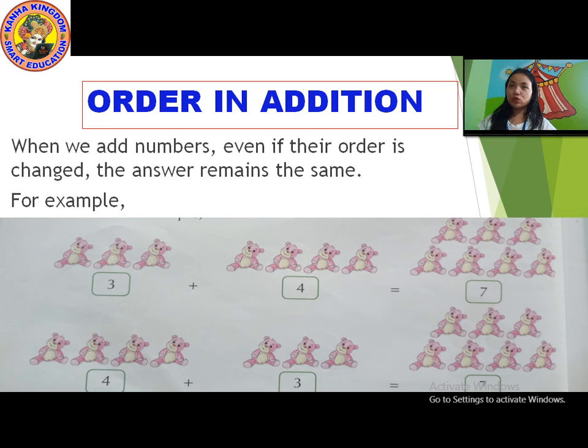When 1 is added to a number, the answer is always the number that comes just after. Right? So at last we learn the third property of addition, that is order in addition. When we add numbers, even if their order is changed, the answer remains the same. Okay student, we learned order in addition.